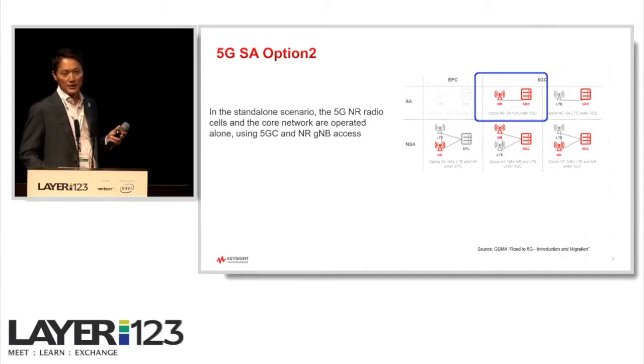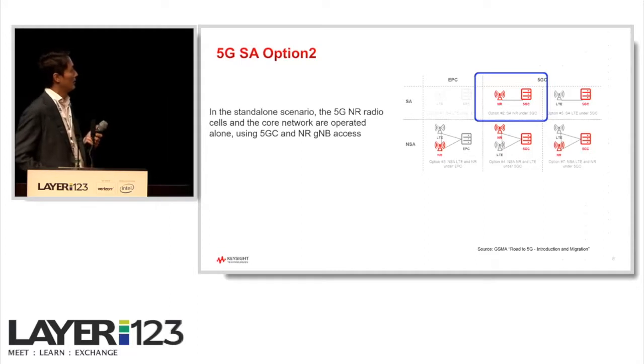Because the operators usually won't have enough financial capability to transition all of a sudden from 4G to 5G, they'll actually implement this over a few years. And option 2 is what they're trying to reach, which is pure 5G radio. And at the same time, they will have a 5G core. Okay, they'll transition to a 5G core.